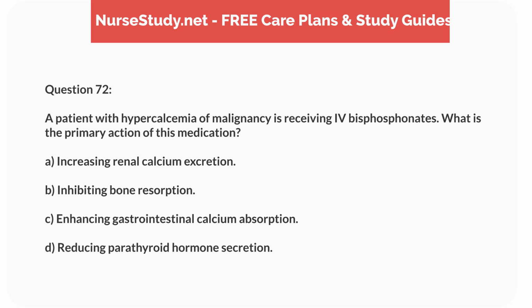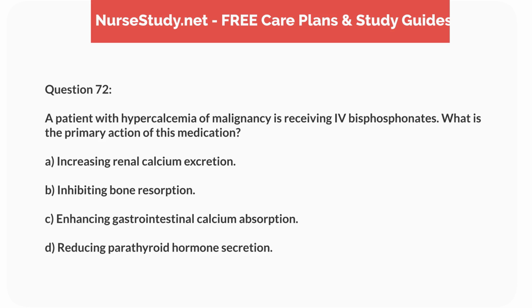Question 72. A patient with hypercalcemia of malignancy is receiving IV bisphosphonates. What is the primary action of this medication? A. Increasing renal calcium excretion. B. Inhibiting bone resorption. C. Enhancing gastrointestinal calcium absorption.